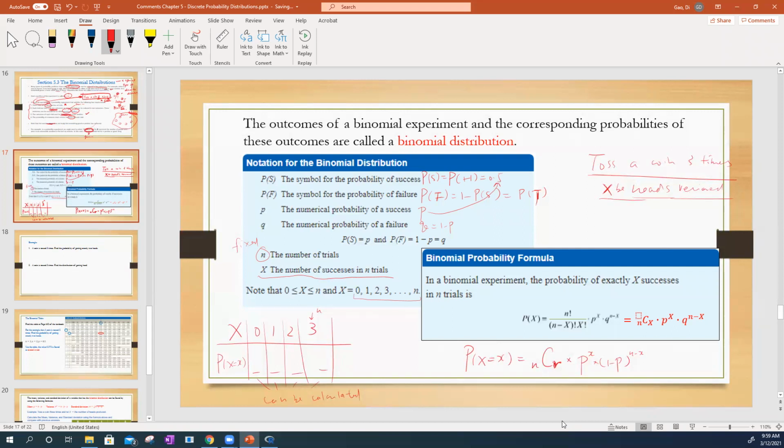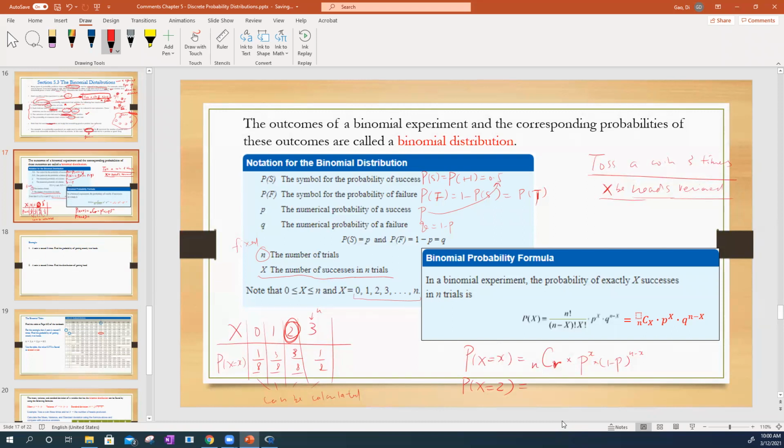So let's see. So we know this is 1 over 8. It's 3 over 8, 3 over 8 and 1 over 8. Let's see this value, probability of X equals 2. So can we get 3 over 8 using the formula? Let's try it, right?